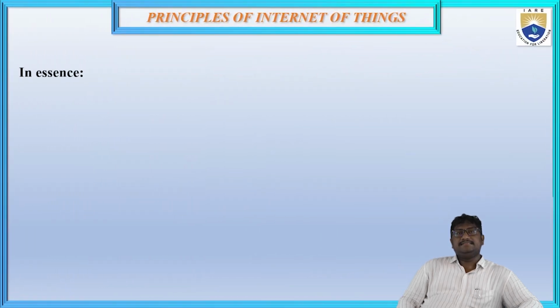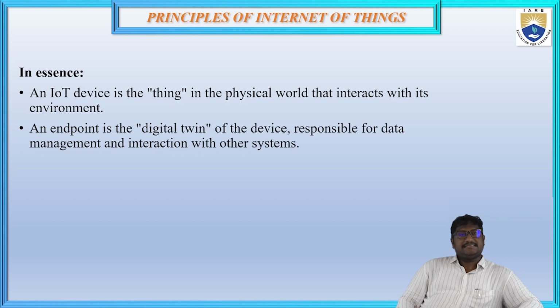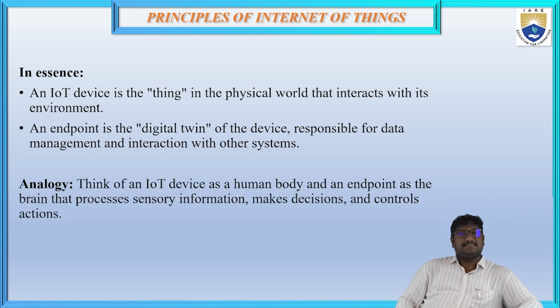In essence, an IoT device is a thing in the physical world which interacts with the environment, whereas the endpoint is a digital twin of the device, responsible for data management and interaction with other systems.